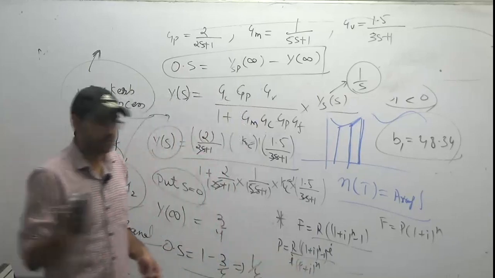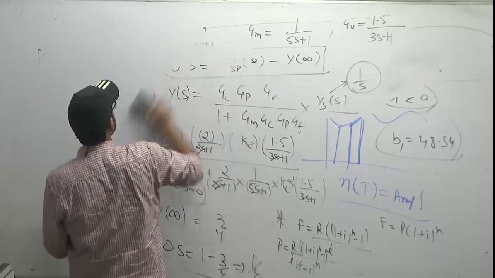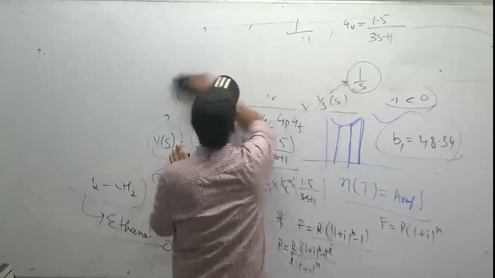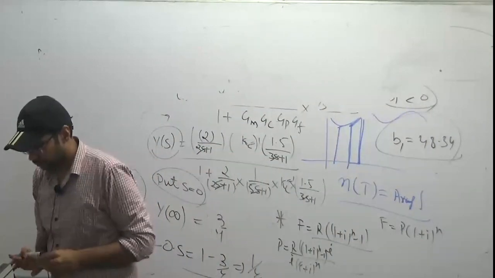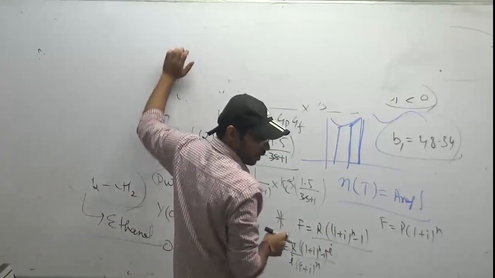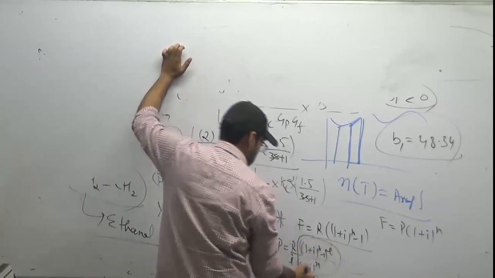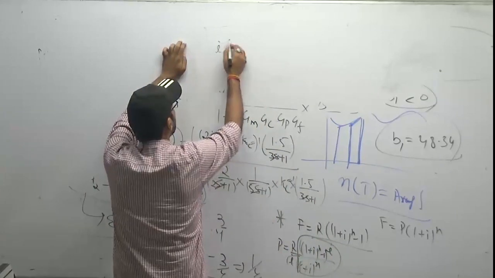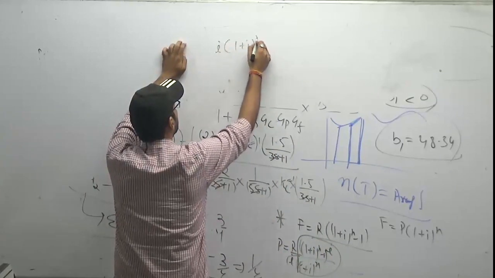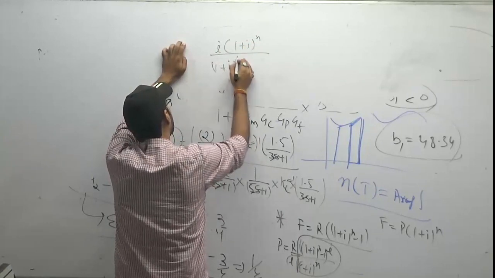So, we can say from here that the reciprocal of this one is I into (1 plus I) power n divided by (1 plus I) power n minus 1.